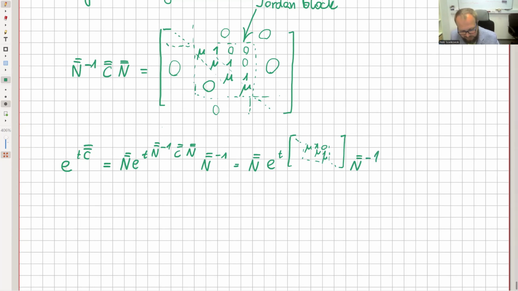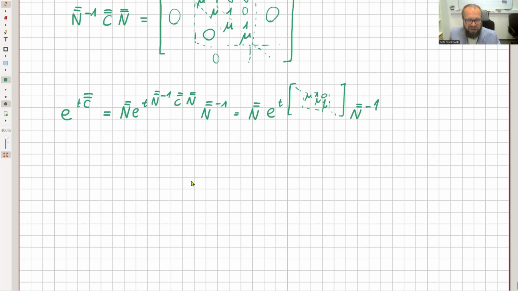And as it turns out, if you do the math, this thing can actually be calculated explicitly. The exponent is good in that way. So let me write it like that. Let's focus on this block here. I use here 3, degeneracy of level 3.